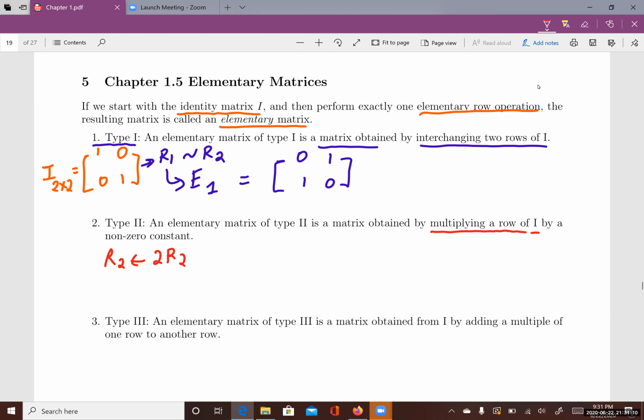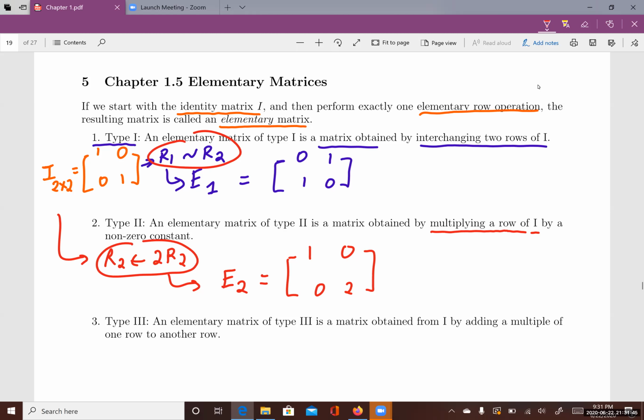Row 1 stays the same, and row 2 will be 0 times 2 is 0, and 1 times 2 is 2. This is my row operation, this is my identity matrix, and this is my elementary matrix according to the row operation.